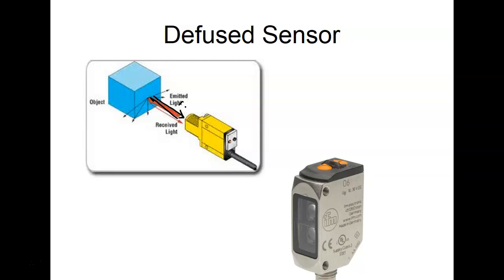So when through the beam is true, the output will let current go through. There is no object. It would be false, or it would block the current, if there is an object. The retroreflective works exactly the same way.